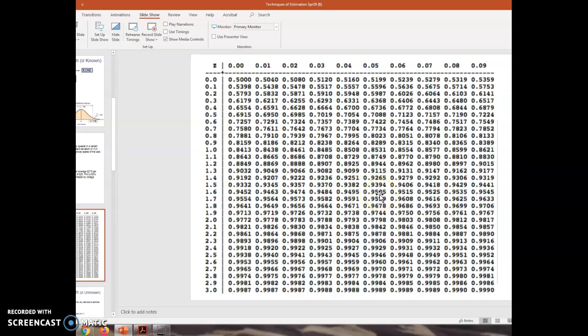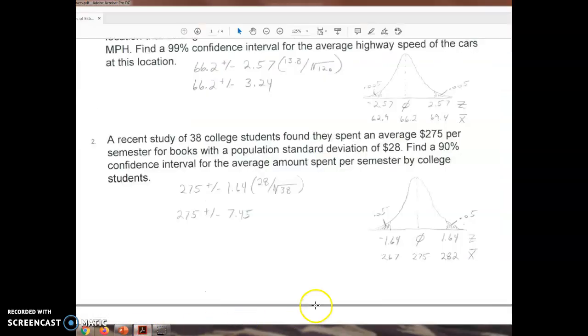So we could use either one. Let's go ahead and use this one here, 0.9495. And that gives us 1.64. Okay. Let's use 1.64. And it's symmetrical, so the negative z-score would be negative 1.64.